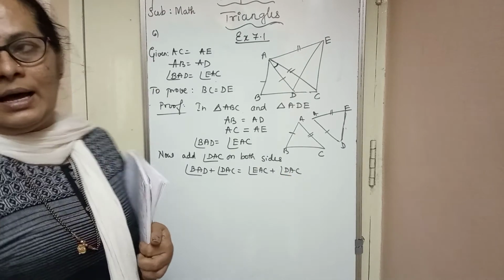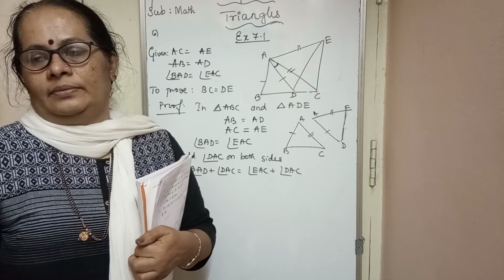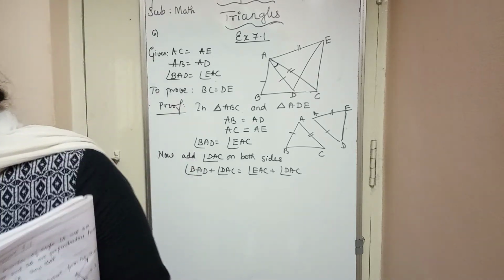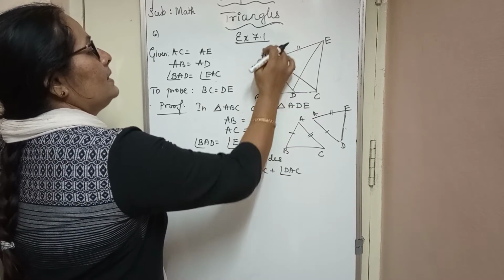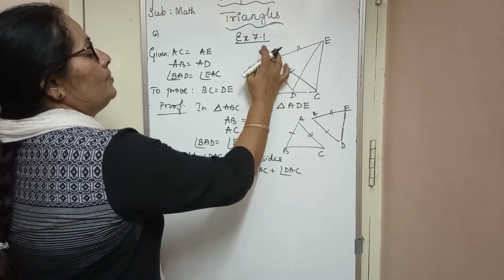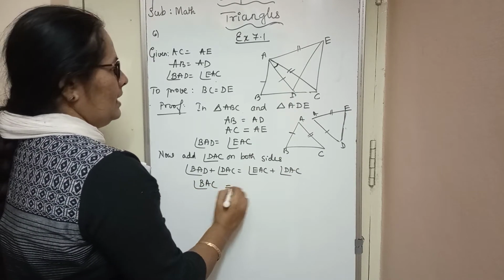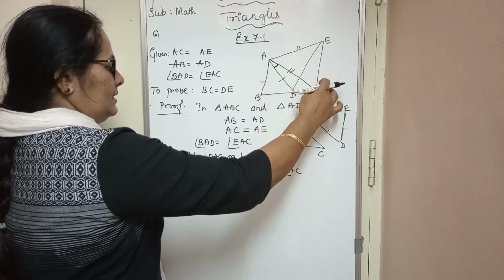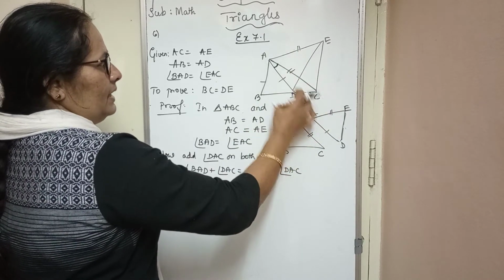When equals are added to equals, the wholes are equal. So now see here, BAD plus DAC equals BAC. So angle BAC equals EAC plus DAC, which is equal to DAE.